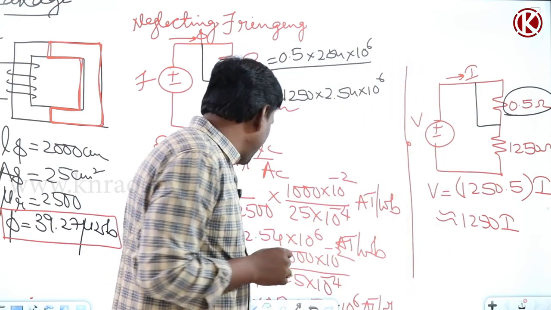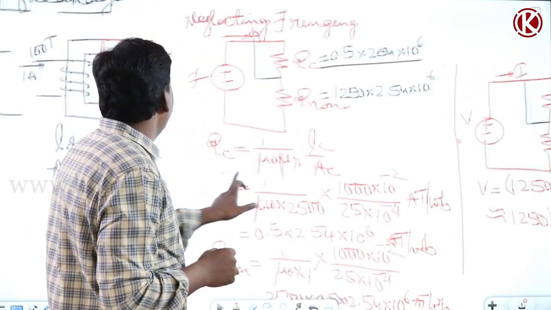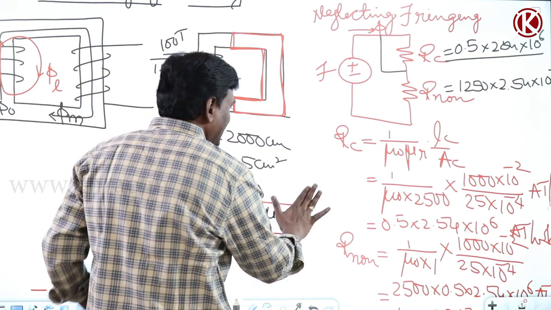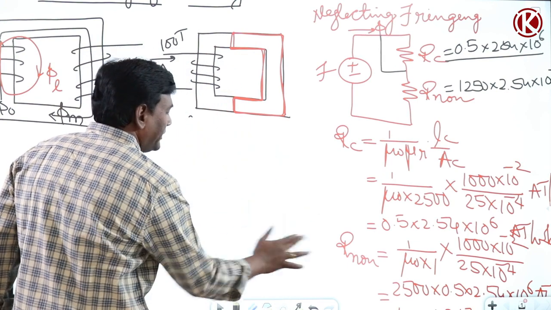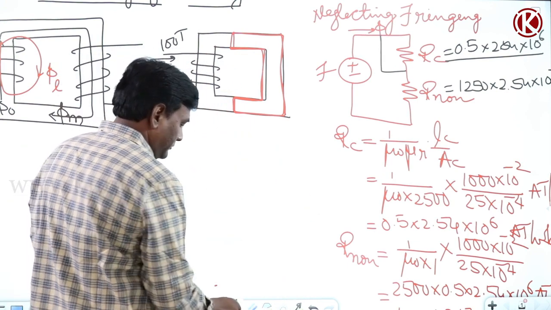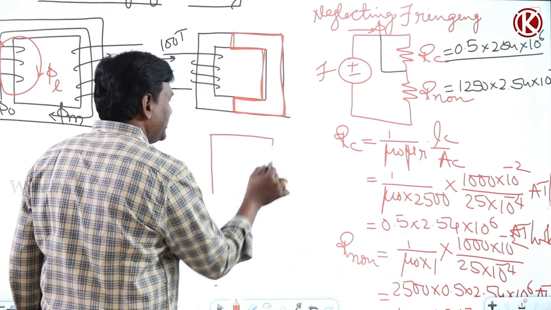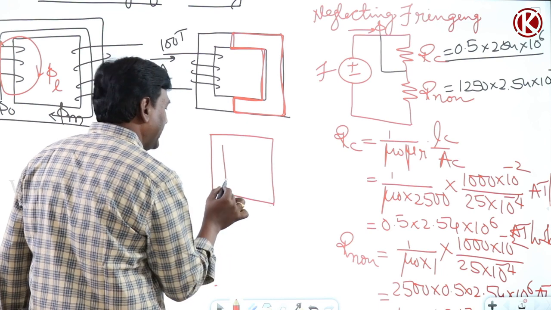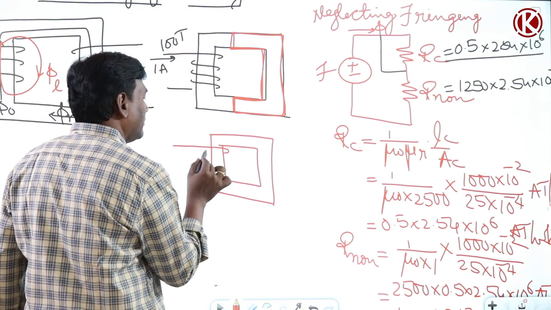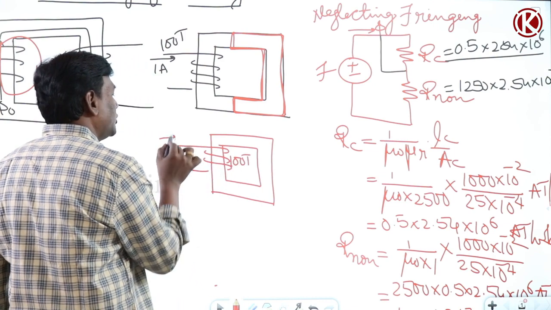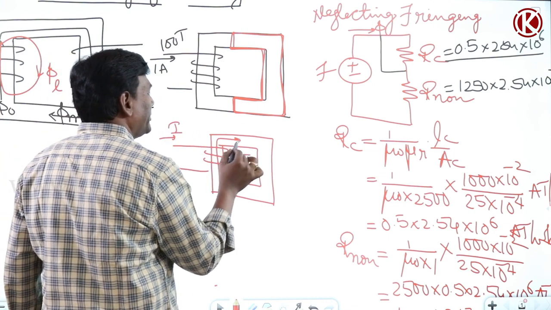So what does it mean? I can assume this, for example, this is a network. I can assume this network as: this is 100 turns, this is going to be current, and this is going to be flux.